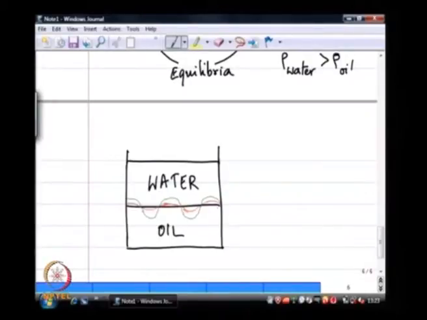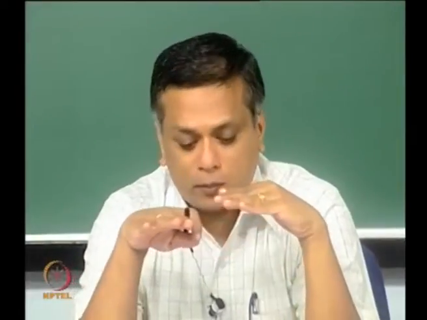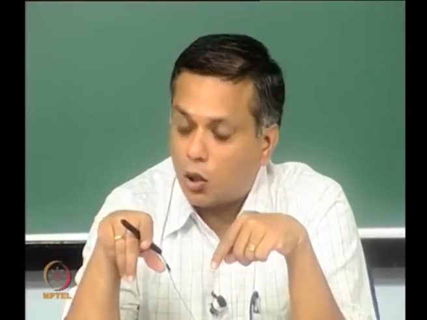And go to that condition. So, imagine I took this nice and flat meniscus with water on top, oil on the bottom, and I put, let us say in the simplest sense, a sinusoidal perturbation. A sinusoidal perturbation of this meniscus of some wavelength.